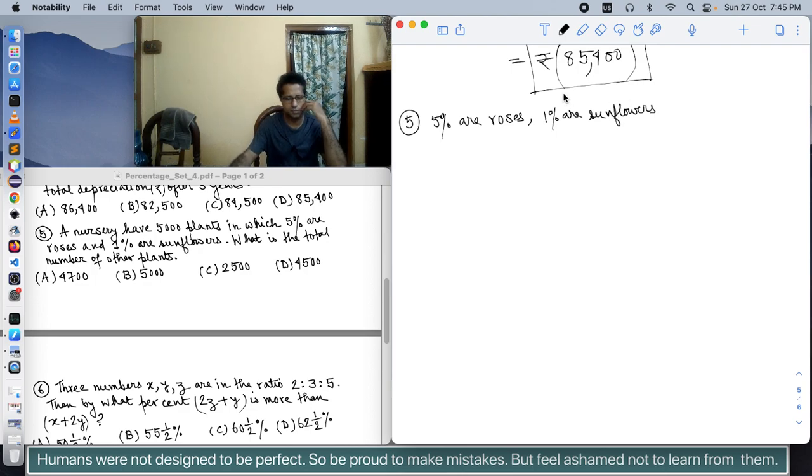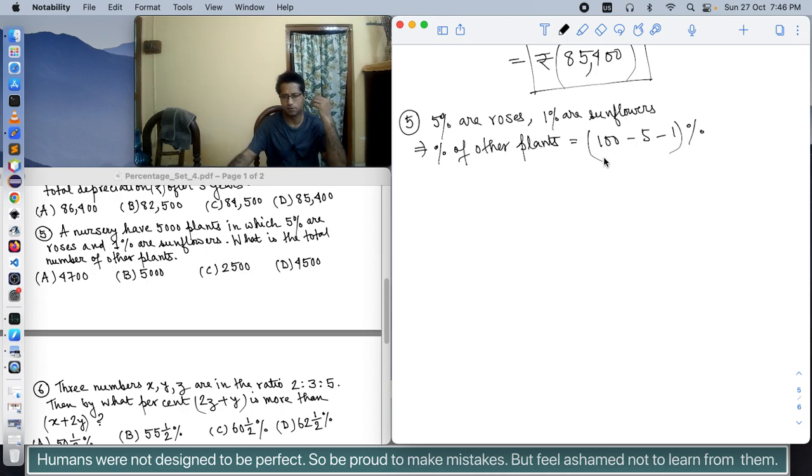Since the total amount we assume to be 100%, the percentage of other plants must be equal to 100 minus 5 minus 1 percent. 5% are roses, 1% are sunflowers, and the question asks for the total number of other plants.